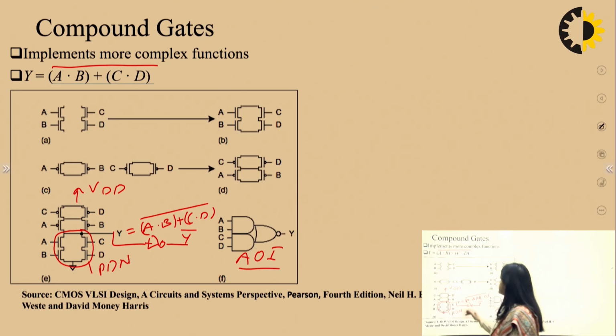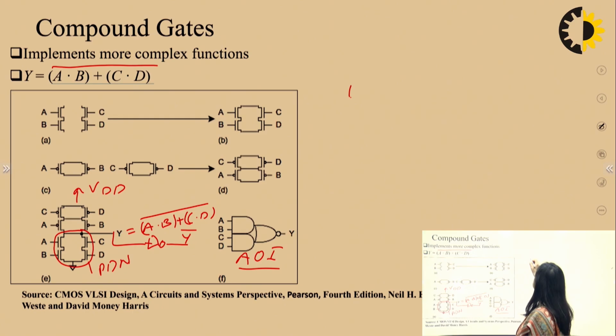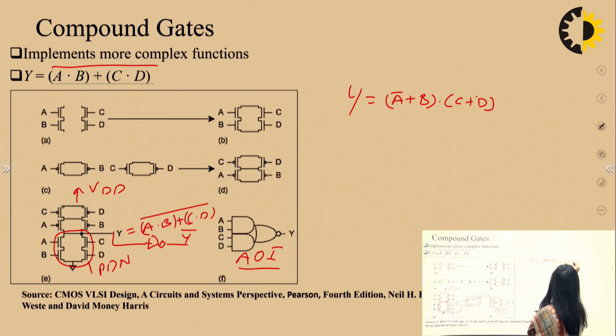And in case of this type of expression, suppose Y equals A bar plus B dot C plus D bar. Suppose this type of expression is there, that means there is no issue. Here the input is A bar.